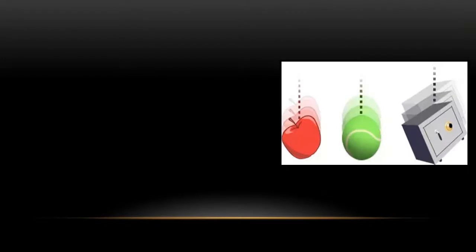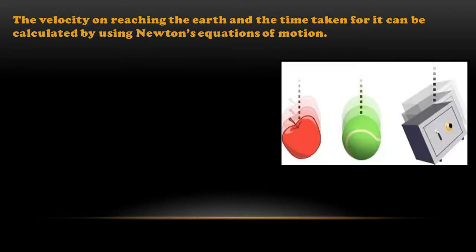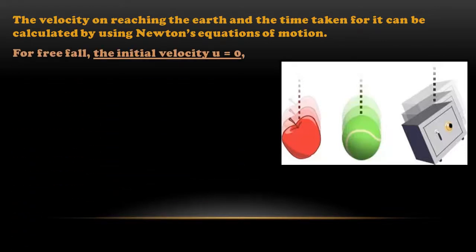Now for a freely falling object, the velocity on reaching the earth and the time taken can be calculated by using Newton's equations of motion. We know that there are three Newton's equations of motion, which we have already studied in 9th standard. For free fall, the initial velocity u is equal to 0 and the acceleration a will be equal to g.